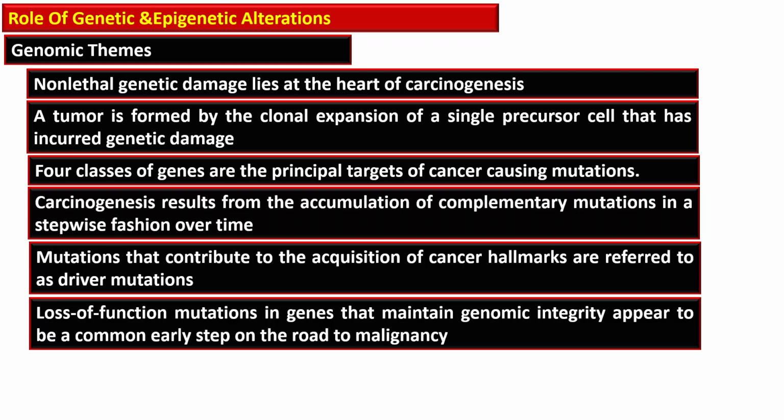There are numerous passenger mutations, but they are not directly oncogenic. The cancer stem cells also develop. These are persistent, long-term, self-renewable, and they accumulate mutations over years, sometimes decades, before the clinical cancer emerges.